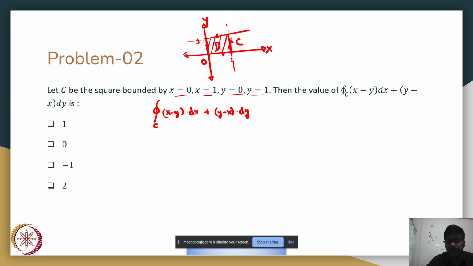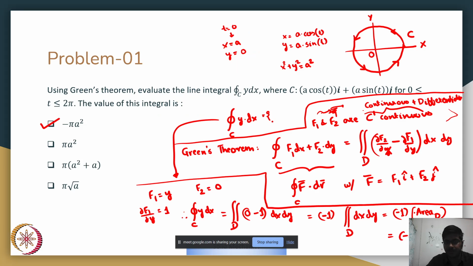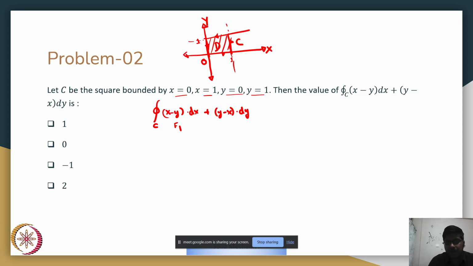If we go back to the Green's theorem statement that we have written earlier, this is similar to f1 dx plus f2 dy. So in our case, f1 is nothing but x minus y, and f2 is y minus x.